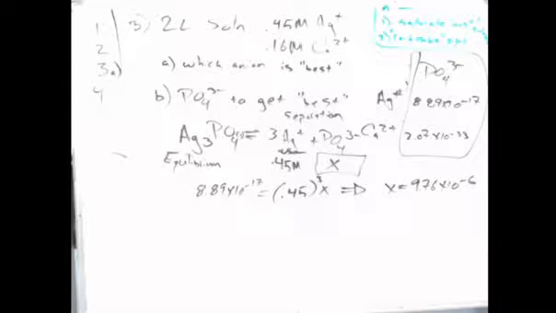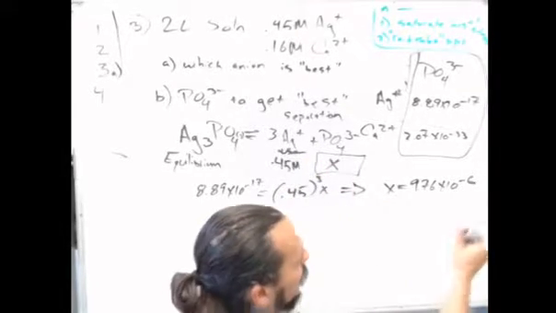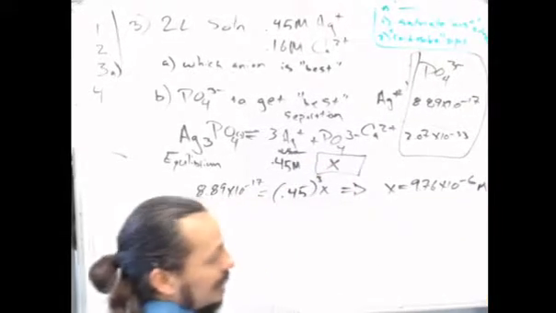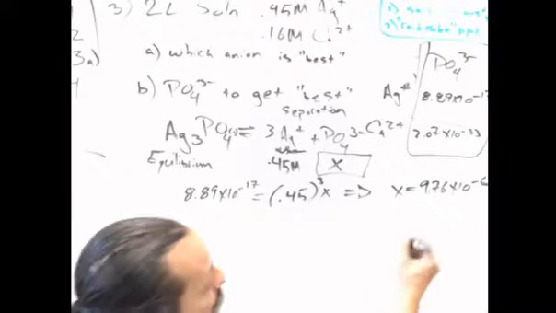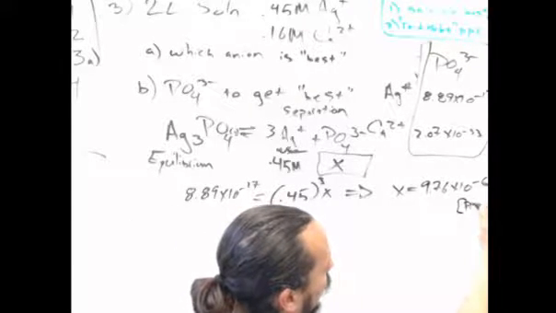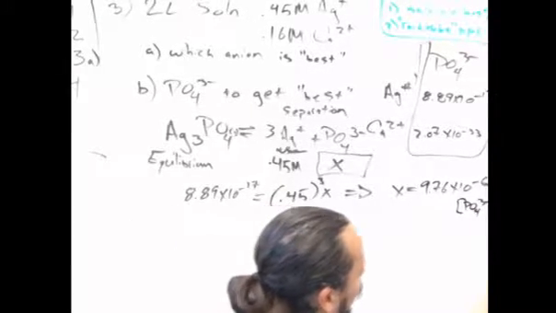So we look at this and say its chemical meaning is pretty straightforward. It's my phosphate concentration, so I should put units of molarity on here, and I can even put the fact that it's PO4 3 minus.